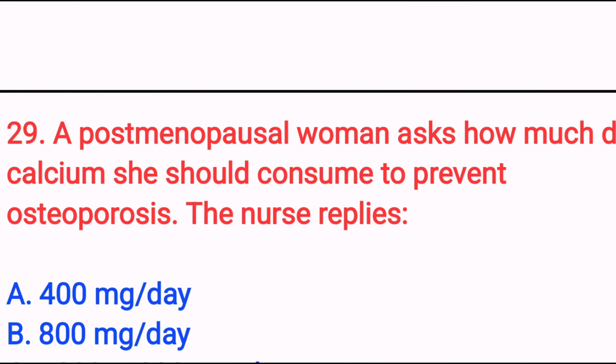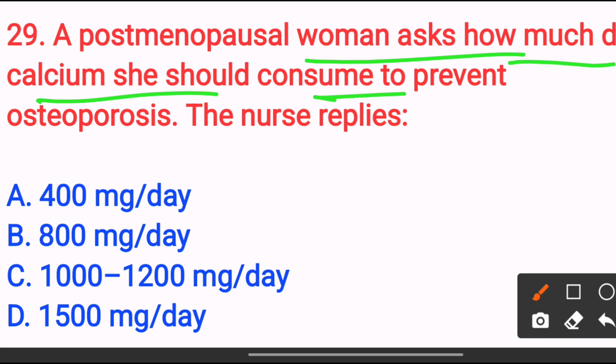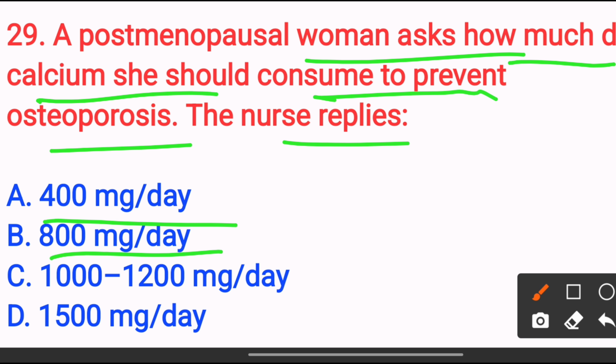Next, a postmenopausal woman asks how much daily calcium she should consume to prevent osteoporosis. The nurse replies, option A, 400 mg per day. Option B, 800 mg per day.